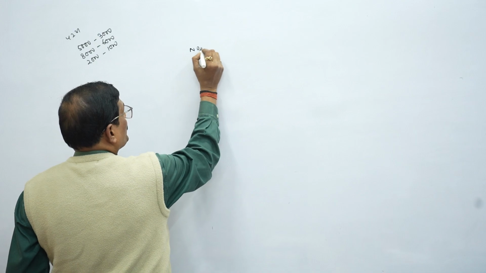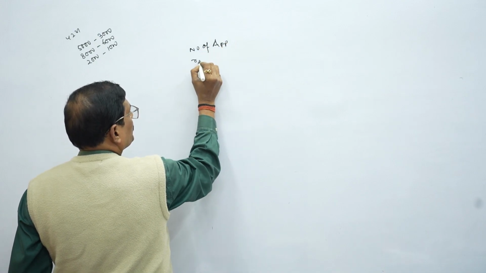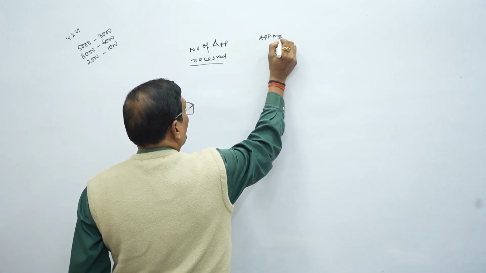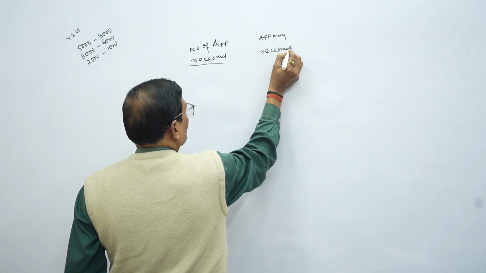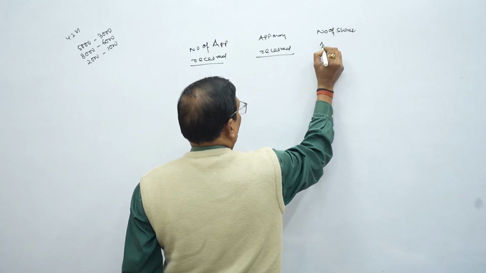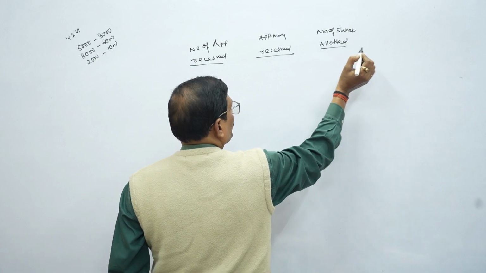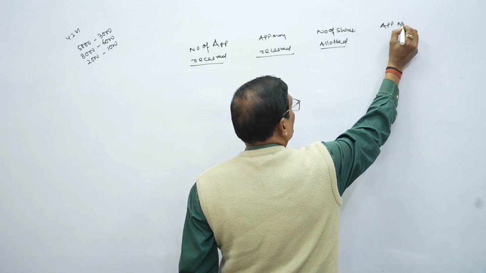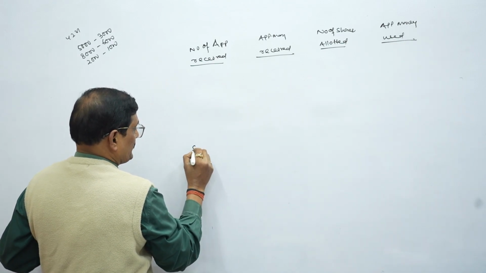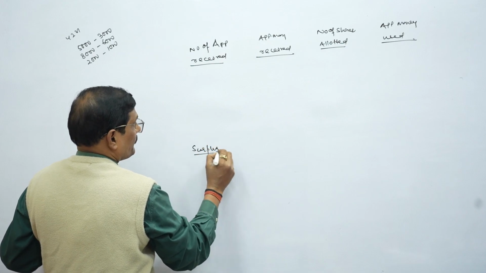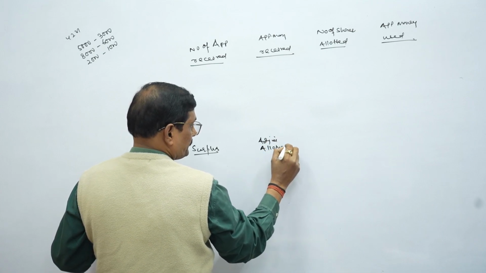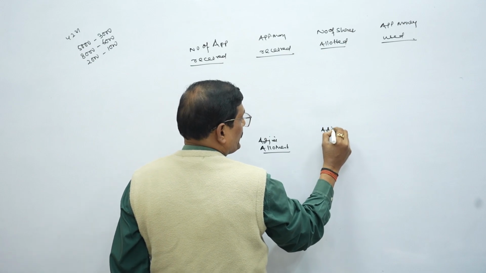Right? One more thing, while calculating the allotment of shares under pro rata basis, at that time, prepare one table: number of applications received, then application money received, number of shares allotted, application money used, then surplus adjusted in allotment, adjusted in first call.